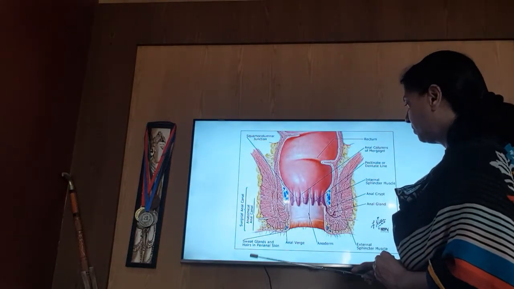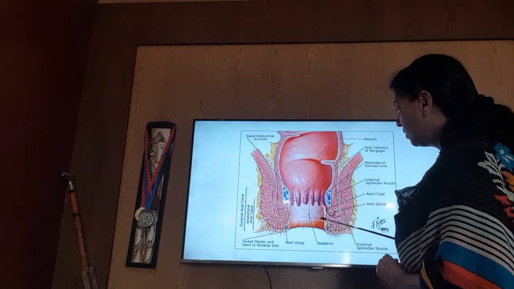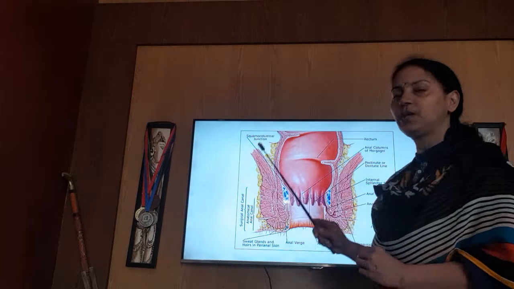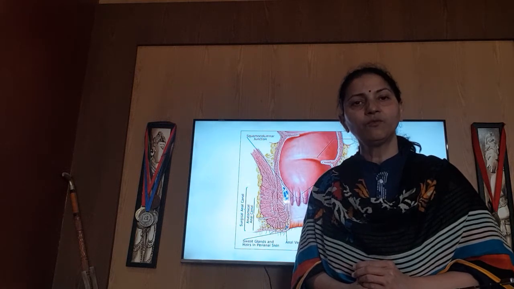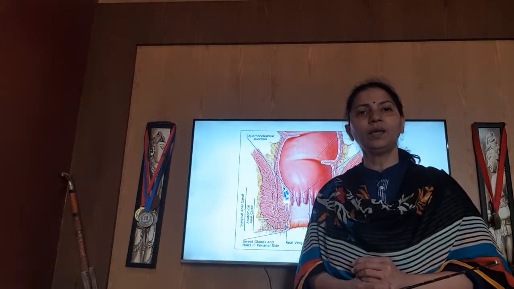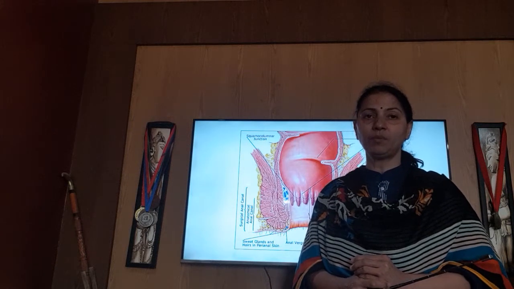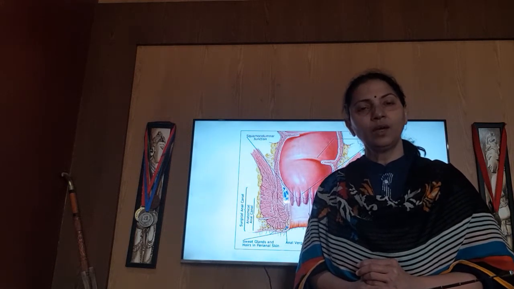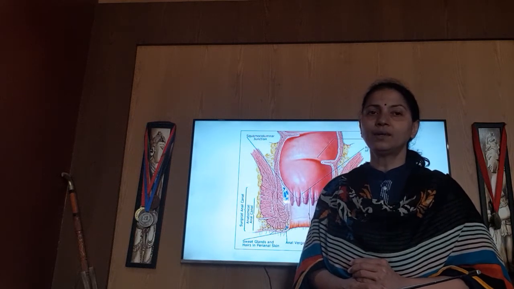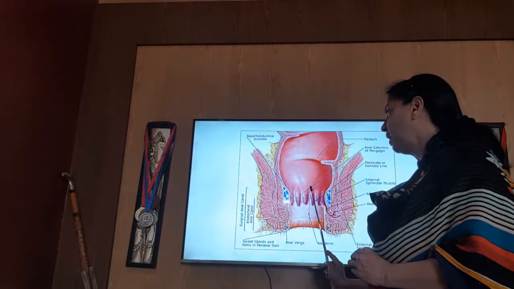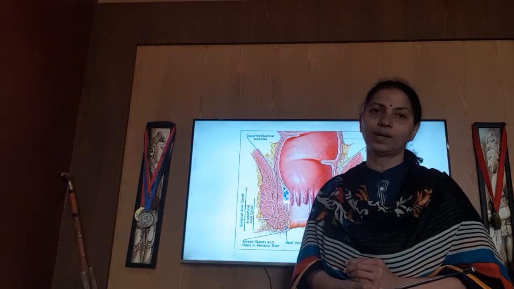Apart from this, you can see this line is the line of Hilton. This line is actually, in an embryo or a developing fetus, covered by the cloacal membrane. Initially in the period of development, the urinary bladder and the hindgut have the same opening called cloaca.